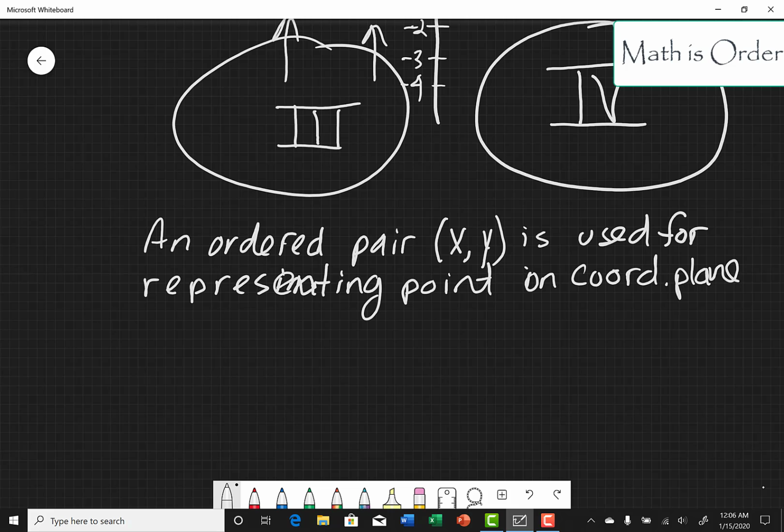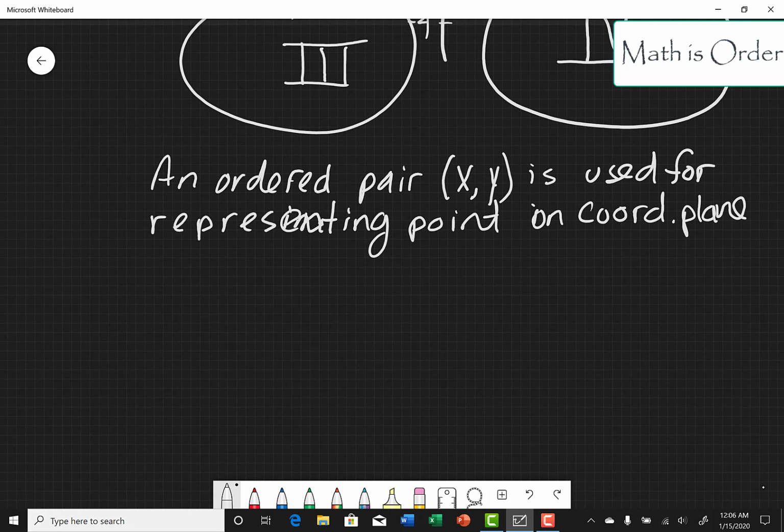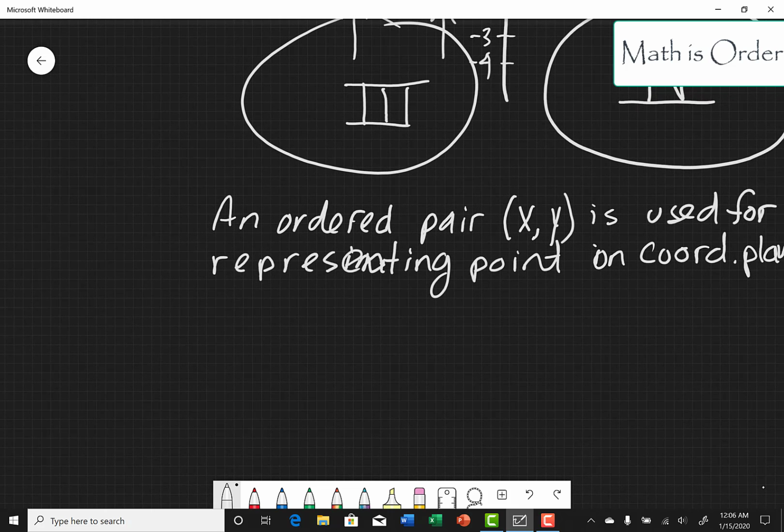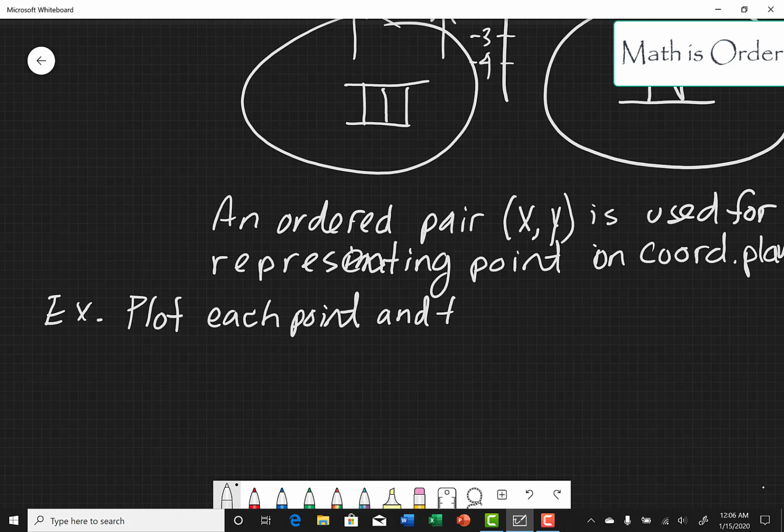And now let's look at a few practice problems related to these ideas. Example: a common question related to this concept. Plot each point and tell which quadrant the point lies in.